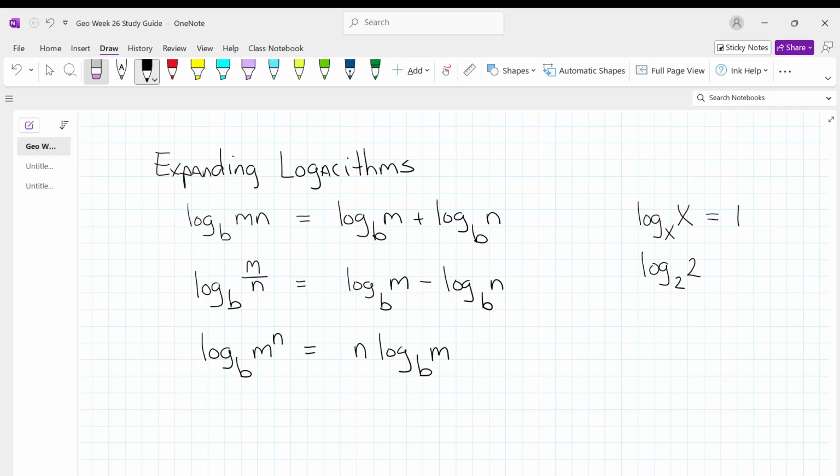Log 2 of 2 is equal to 1. Log 3 of 3 is equal to 1. Okay? You see the word log and your base is the same as the product, it's equal to 1. Everybody all right with that? Good.